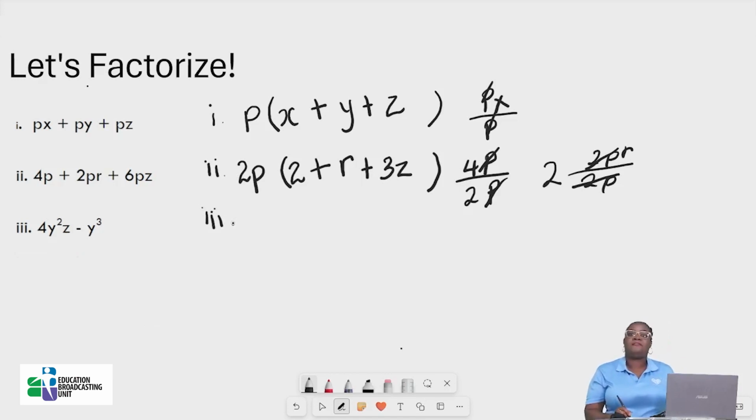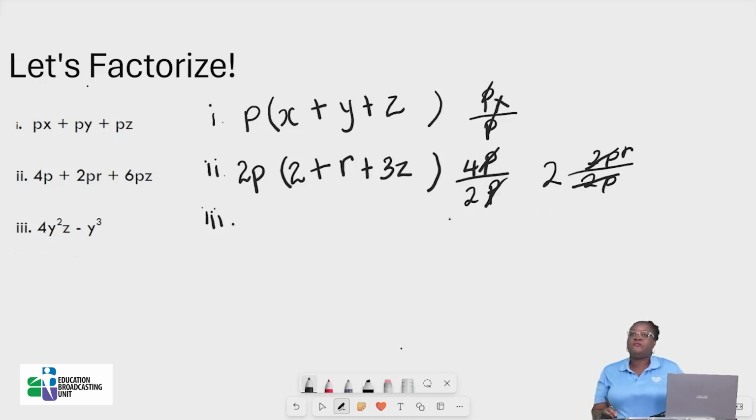Here we have coefficients, variables, and indices in this expression. What's the highest common factor, since they both don't have coefficients again? But they both have y. Remember, when we talk about exponents, it's the number of times we multiply the variable by itself.